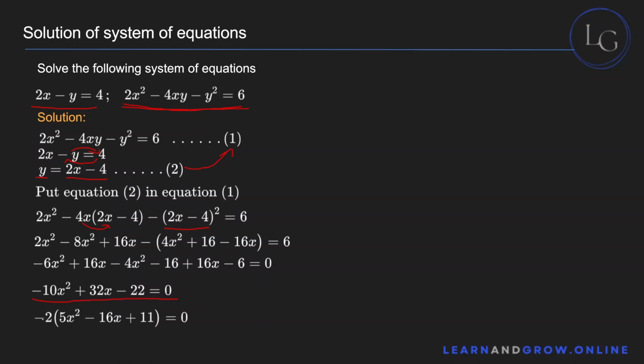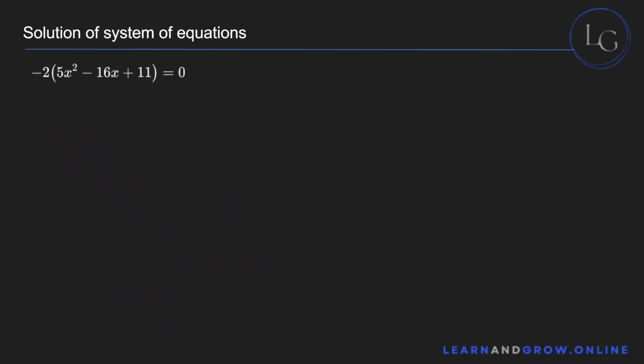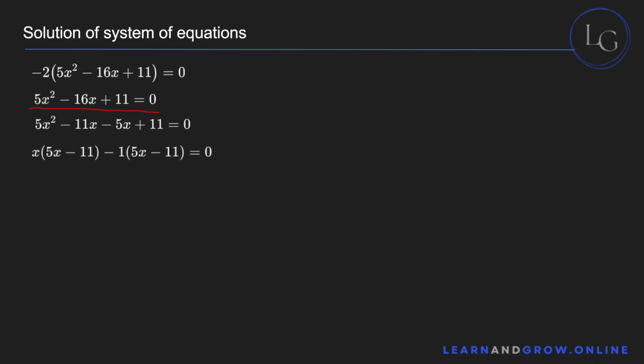And then once you take minus 2 common outside, you get this equation. And now you'll take minus 2 on the other side. You'll divide 0 by minus 2. And then you'll get this equation. Now, you'll factorize this equation, and upon factorization, you'll get this equation.